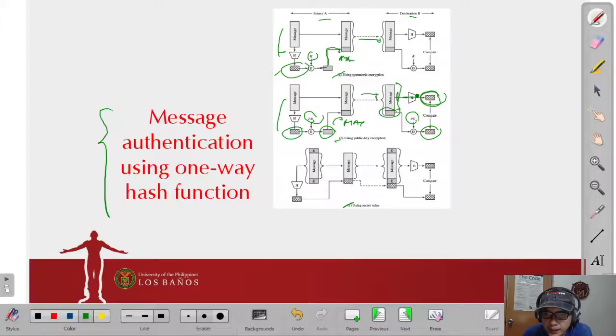The original message is sandwiched between some secret K, and then taken together, passed to a hash function to generate the MAC, and then used as the MAC for the message and transmitted across the link. From there, the receiver extracts and compares again to check whether the message is authentic. So these are the approaches using the hash function for message authentication.